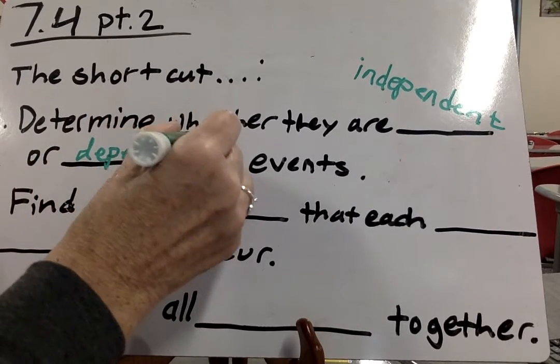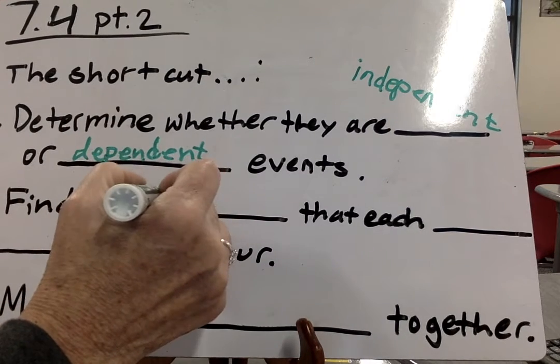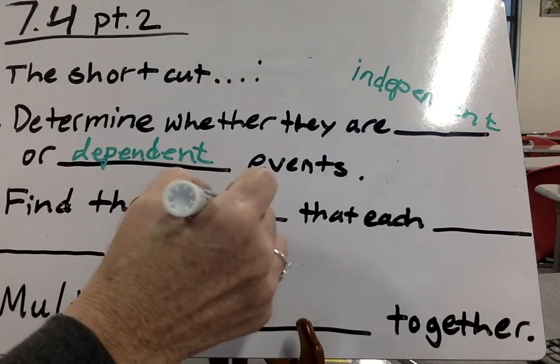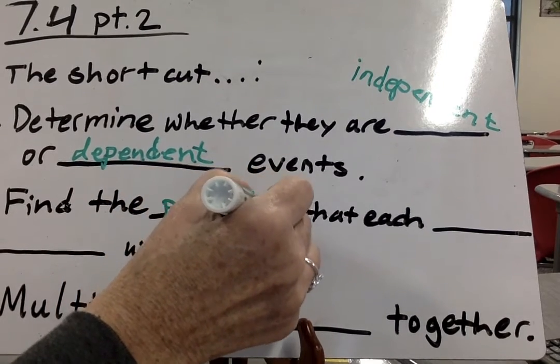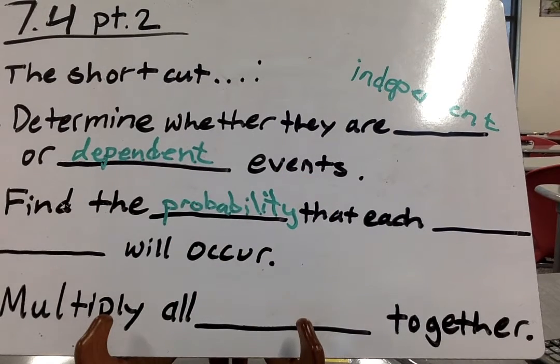In other words, does one event affect the other? Find the probability that each simple event will occur.